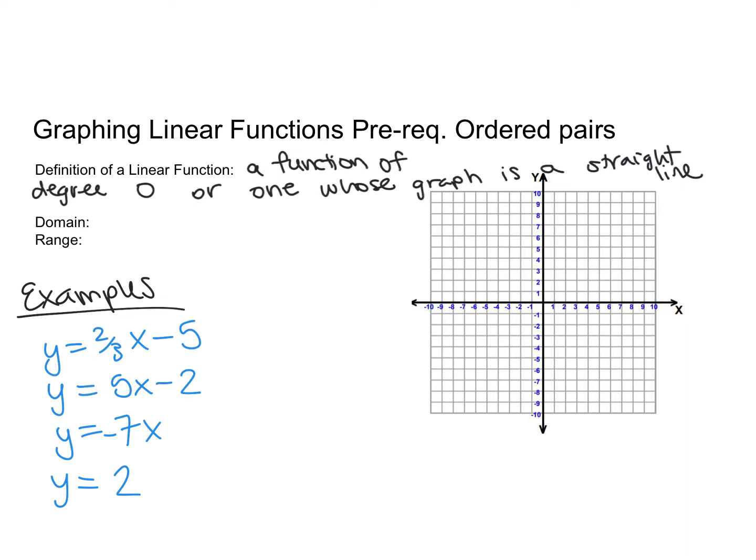Okay, so the reason why these are degree 1 or 0 is all about the exponent on our variable. And our variable is x.